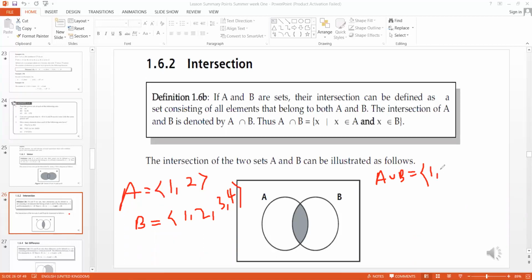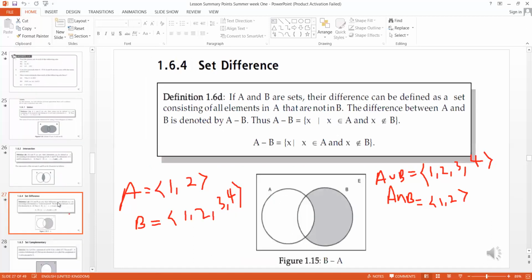So that's 1, 2, 3, and 4. This is quite simple. Then A intersection B will be the common elements, so 1 and 2. These are common to both sets. Okay, good. Let's move on.